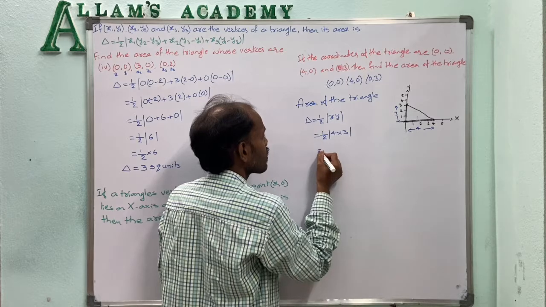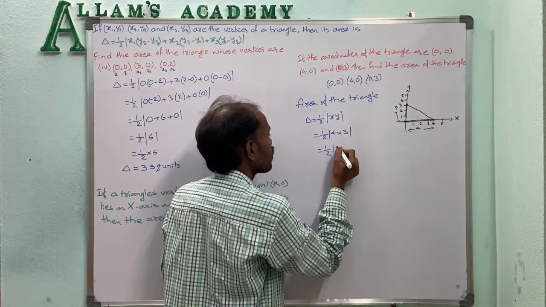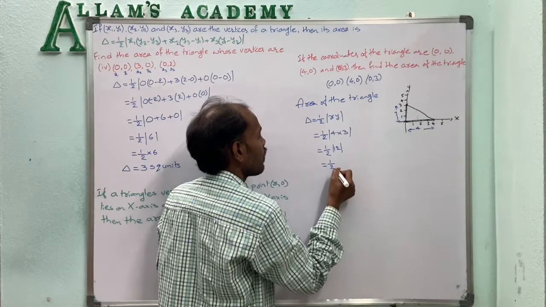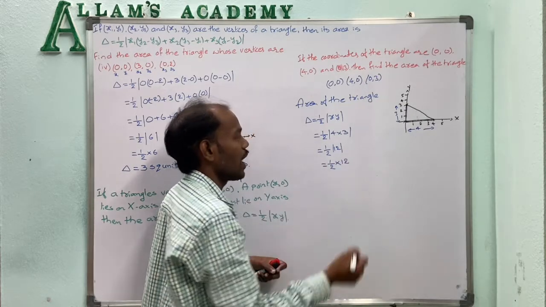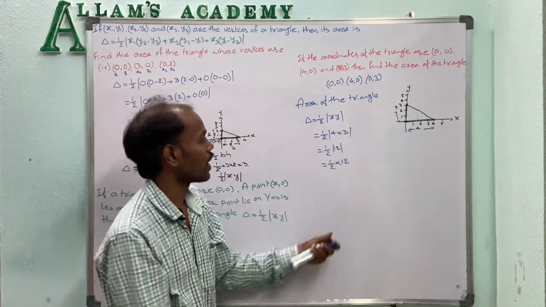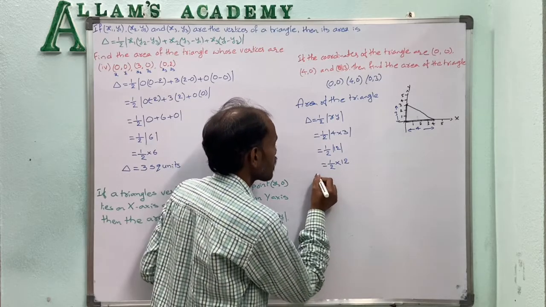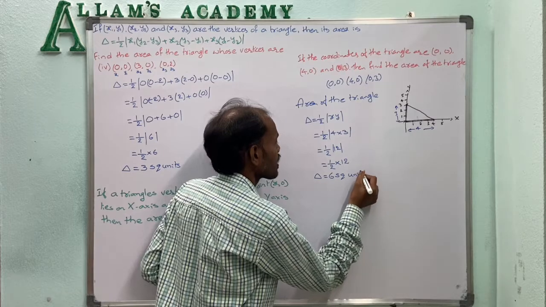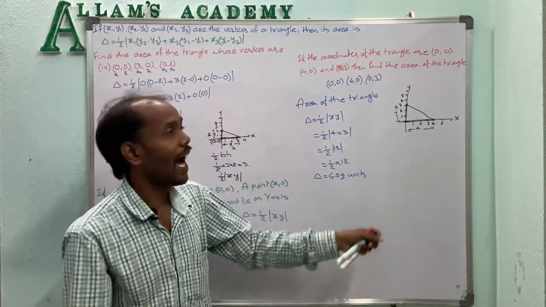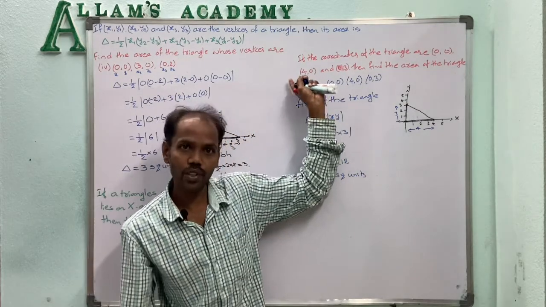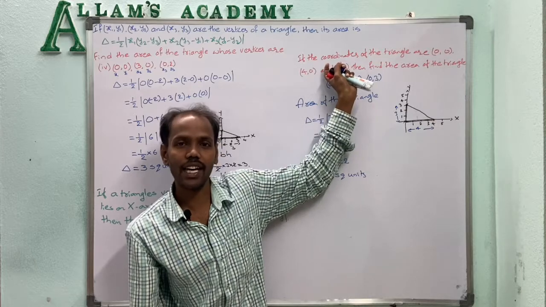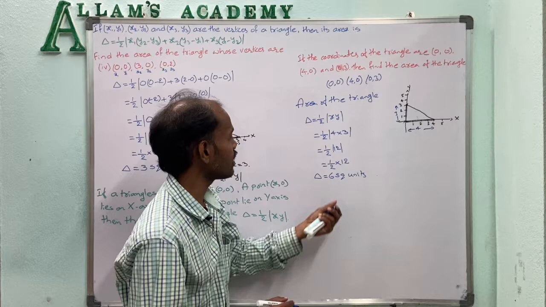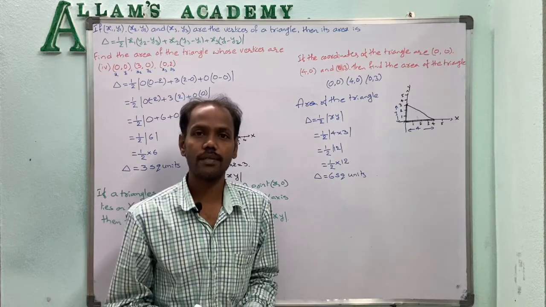So 4 3s 12, half mod 12. Mod means whatever the value, we take a positive value only. So half into 12, 2 ones 2, 2 6s. So the area of the triangle with the vertices origin, 4 0 and 0 3 is 6 square units.